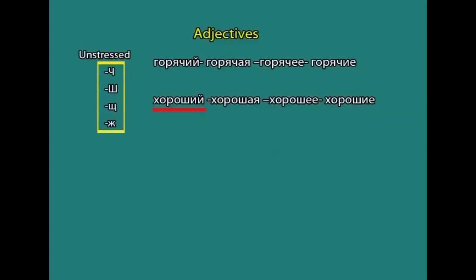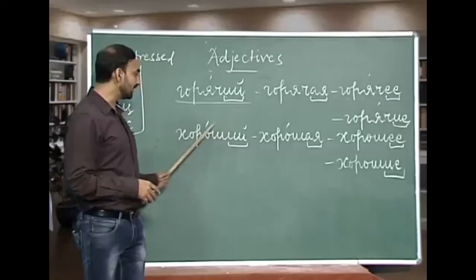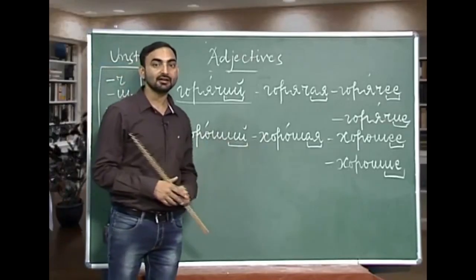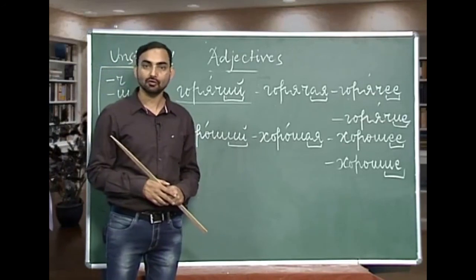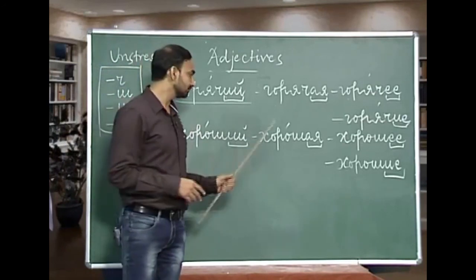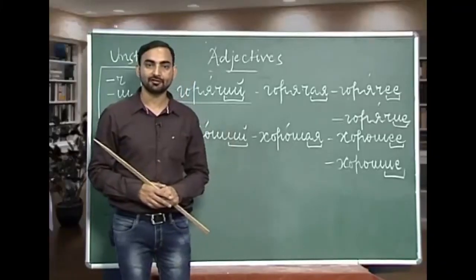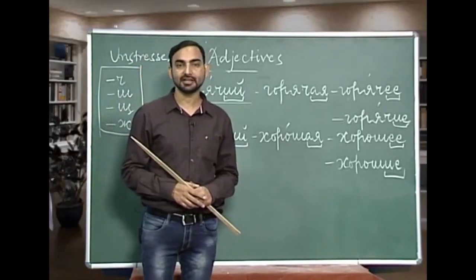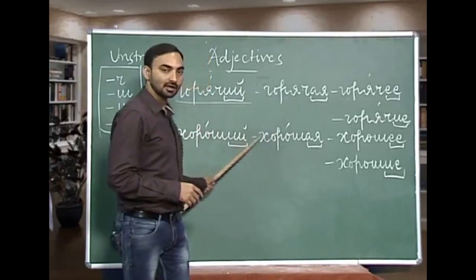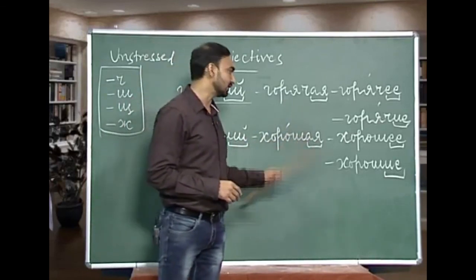The same way here kharoshi. Kharoshi is good. So, if the noun is masculine, then we will use kharoshi. For example, kharoshi student, a good boy or good student. Kharoshaya, if the noun is feminine, for example, kharoshaya studentka, a good student, female student.